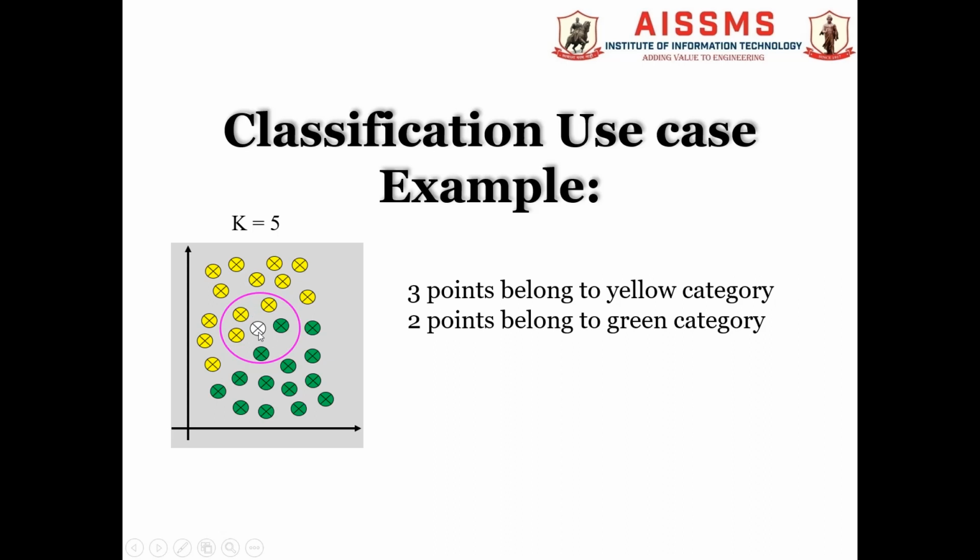That's why we consider the 5 data points nearest to this. Out of these 5 data points, there are 3 data points which are closer to this white data point, and all these 3 belong to the yellow category. That's why this white dot will be categorized in the yellow category, and 2 points belong to the green category. So we will assign the class of the yellow dot to this new white dot.